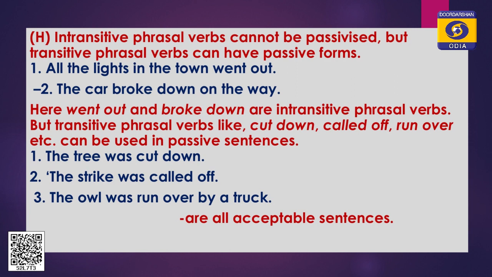There are some verbs like cut down, called off, run over, which can be used in passive forms, and these sentences are acceptable. The tree was cut down, the strike was called off, the owl was run over by a truck, these are acceptable or grammatical sentences, right.